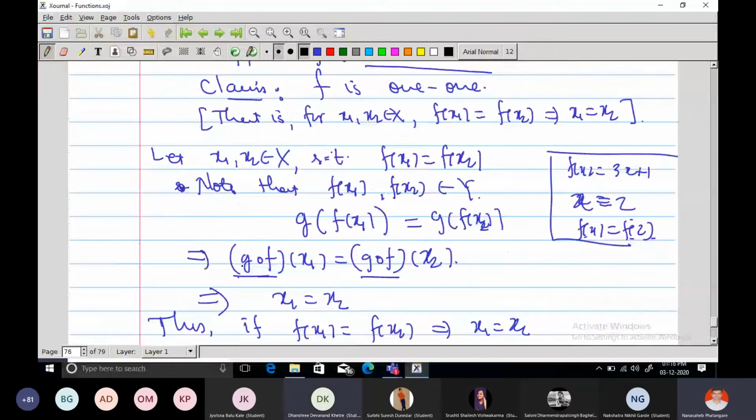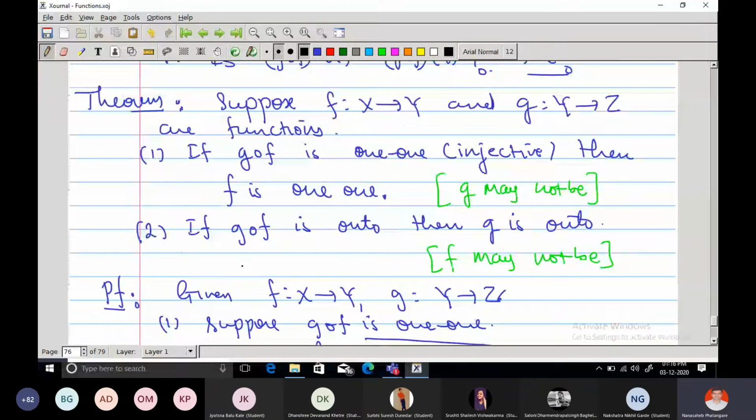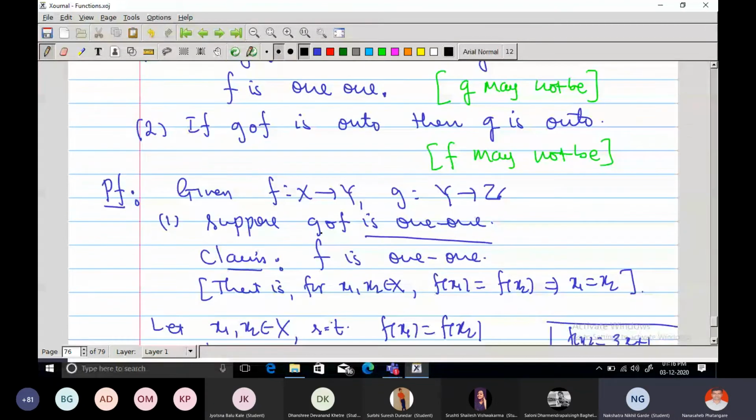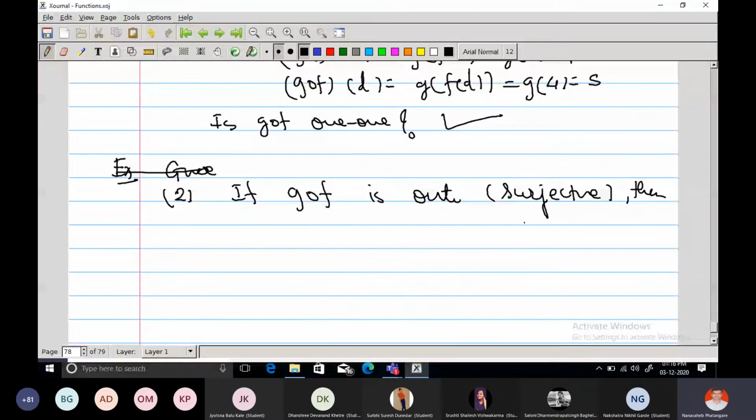Okay, the second part remains to prove. We proved the first part, I think, right? So if G composite F is onto, then G is onto. So F may not be.